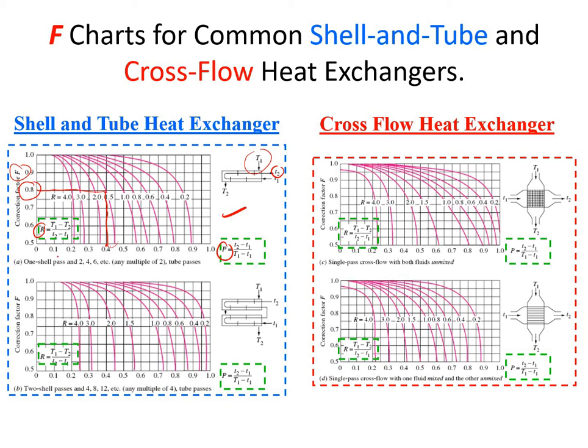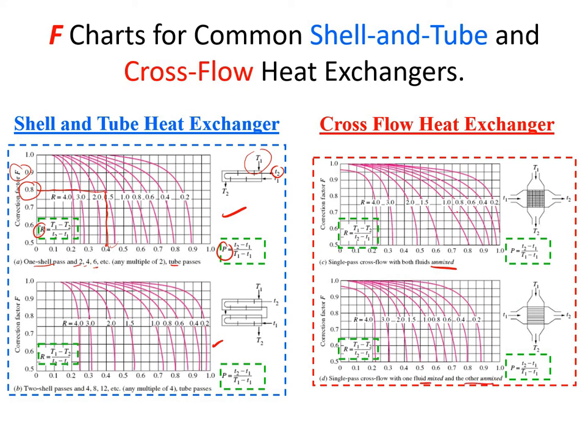This first graph is applicable for 1 shell pass, 2, 4 and 6 tube passes. If you have 2 shell passes, 4, 8, 12, any multiple of 4 tube passes, then you can use this graph. For the cross flow heat exchanger, we have two types: single pass cross flow with both fluids unmixed, and single pass cross flow with one fluid mixed and the other unmixed.